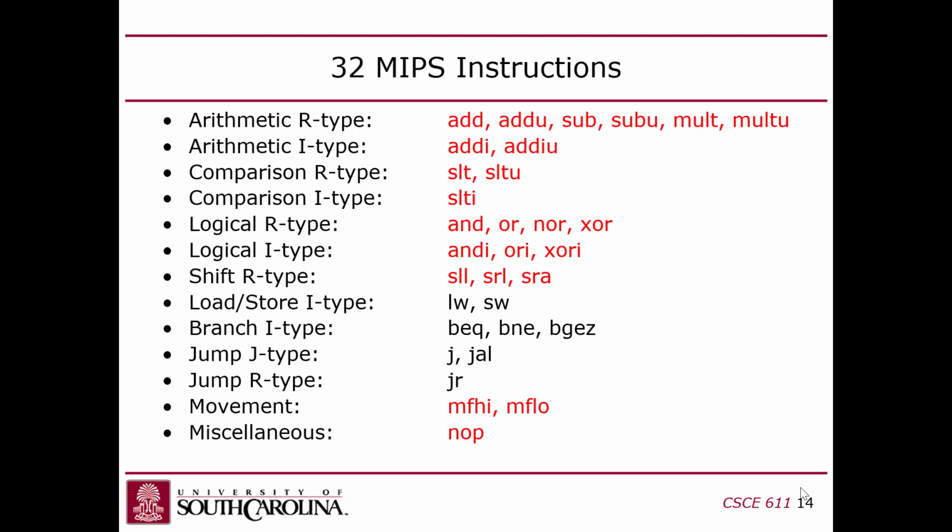So that instruction actually maps to a shift left logical with a shift amount of 0, and it puts the result into register 0. So it has no effect. But the control unit in your CPU will see a no-op as a shift left logical. You guys with me? Likewise, the assembler will assemble the no-op as a shift left logical.